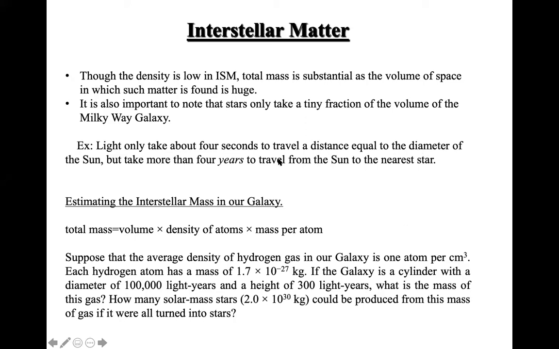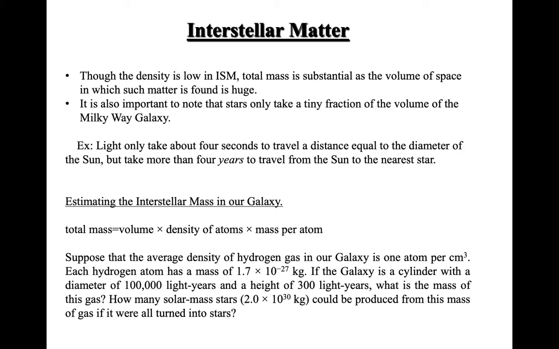Now, the simplest example we can think of is that light only takes about 4 seconds, maybe 5 or 6, I can't remember, let's say 4 seconds, to travel a distance equal to the diameter of the sun, right? And it takes about 7 minutes to travel from the sun to us.